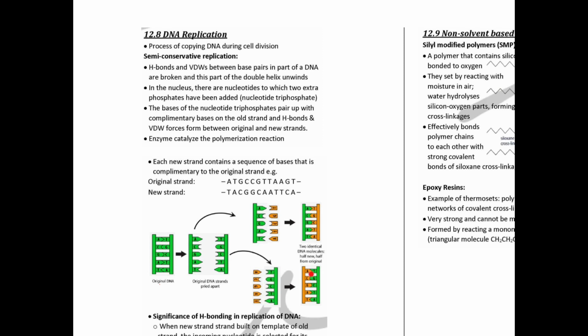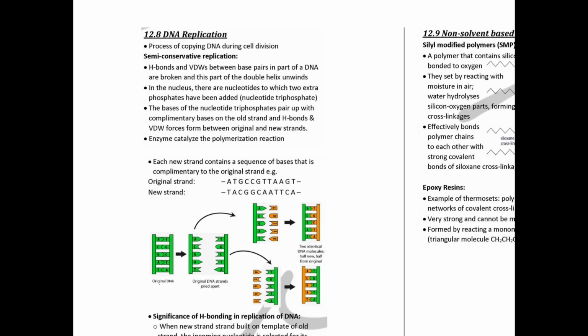These two sets are 100% the same as the original one. Okay, so as in here, the example original strand is ATGC. Okay, so then the new strand will pair up accordingly. A pair with T, okay, A pair with T, T pair with A, G pair with C, and so on. So they pair up accordingly.